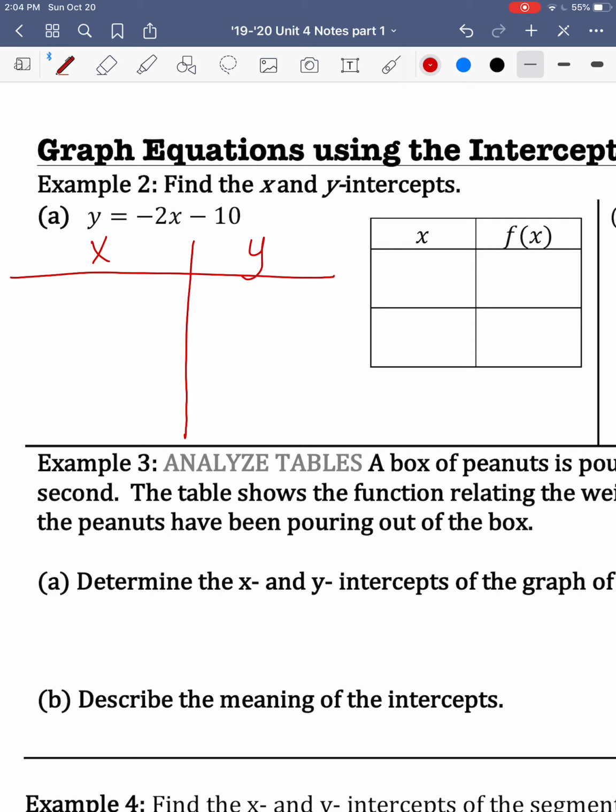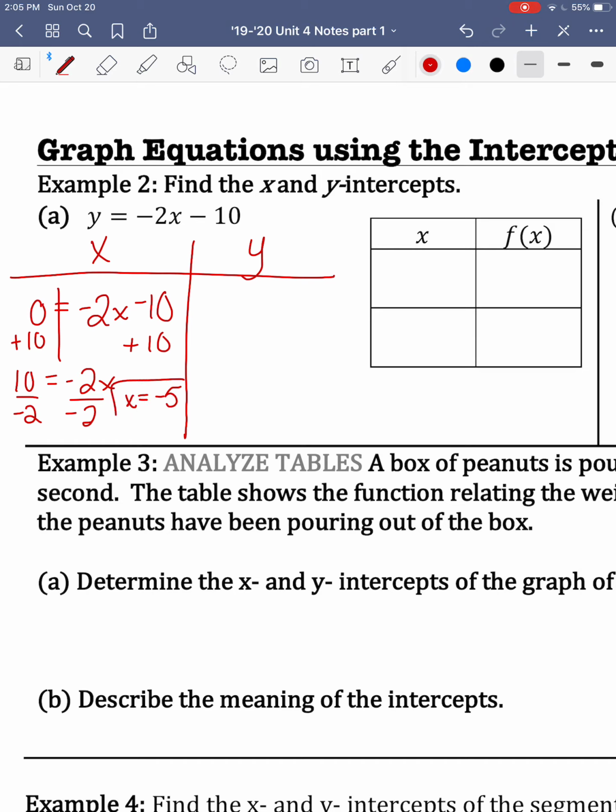To find my x-intercept, I plug in 0 for y, and you should still have the variable you're trying to solve for, which is x in this case. So I would add 10, and that gives me 10 equals -2x, then divide by -2, and so x equals -5.